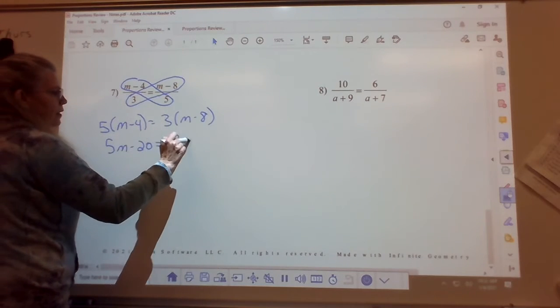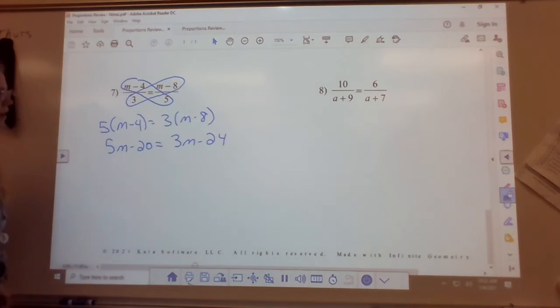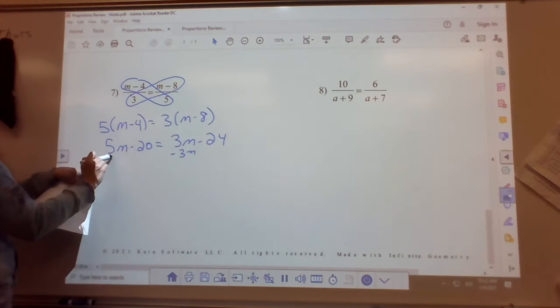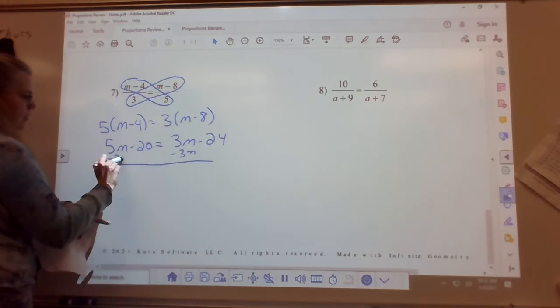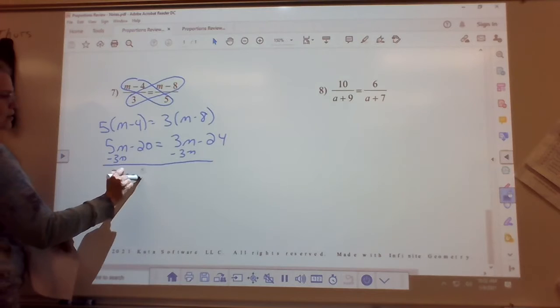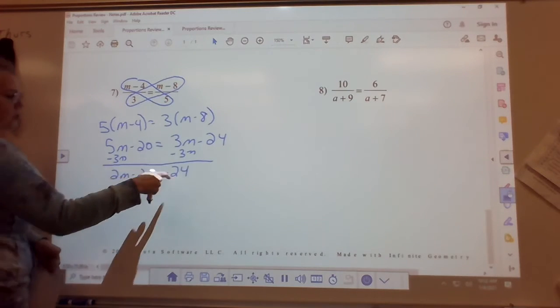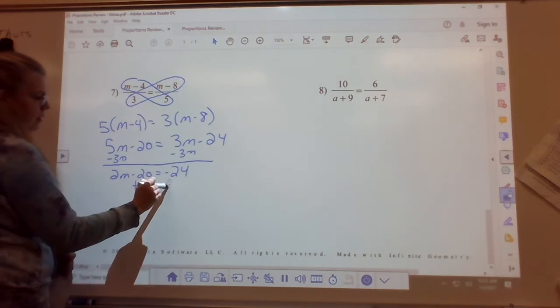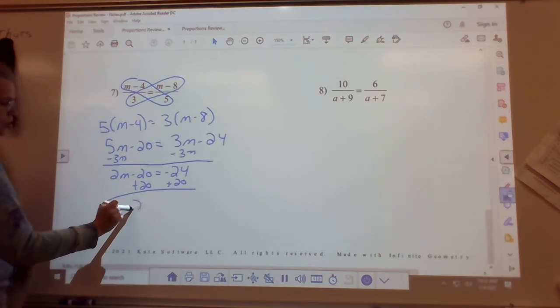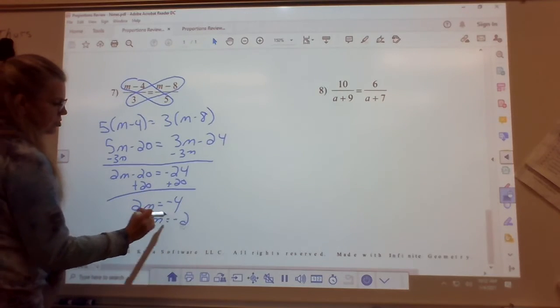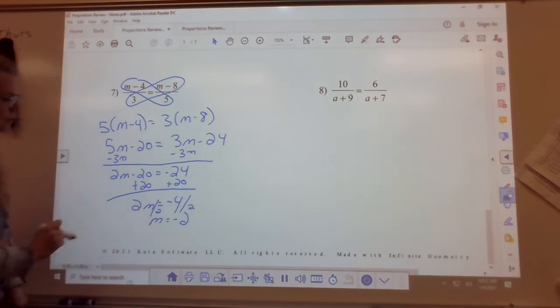Multiply out the 3. I want to get my m's together, so I'm going to move the 3m to the left. So 2m minus 20 equals negative 24. Move the 20 to the right. So 2m equals negative 4. m equals negative 2 when I divide it by 2. So yes, you might get a negative on these. Not a big deal. So m was negative 2.